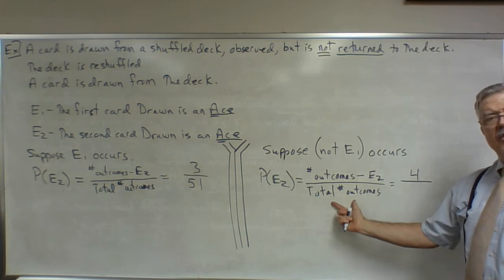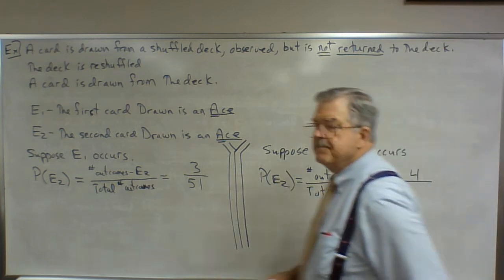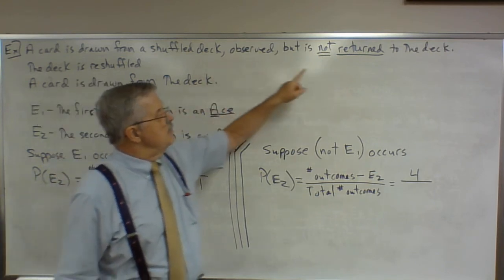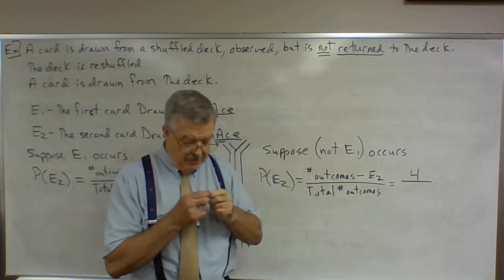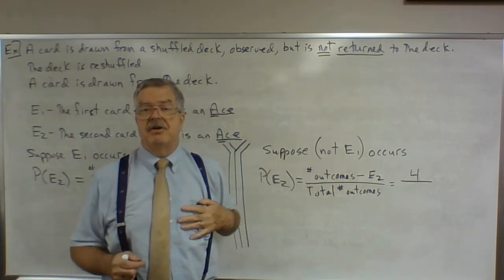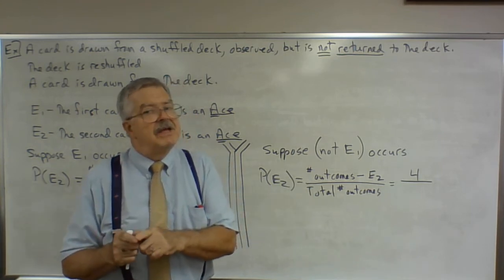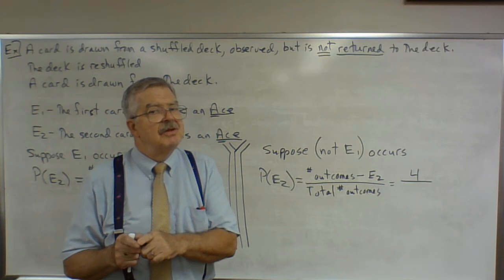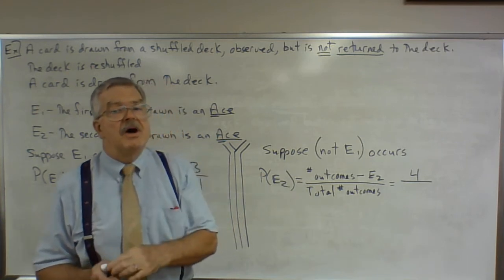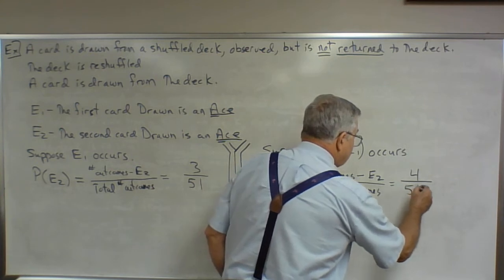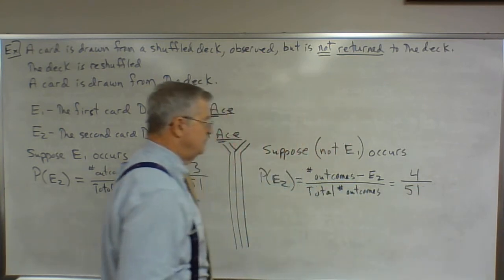Now, what about the total number of outcomes? We took that first card that we drew and we didn't return it to the deck. We looked at it, we put it in our shirt pocket. So when we draw the second card, there's only how many outcomes? Only 51 outcomes, right? There's only 51 cards left in the deck.